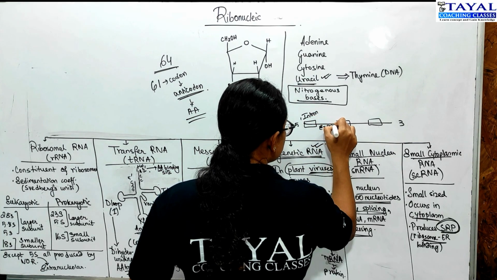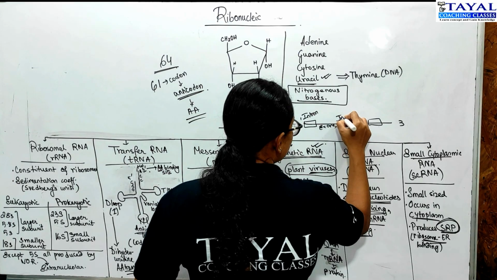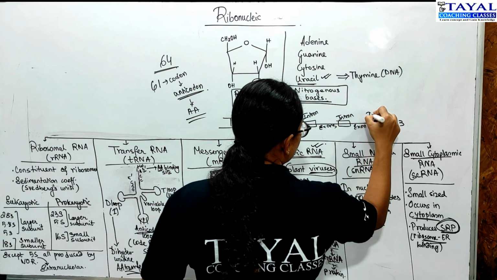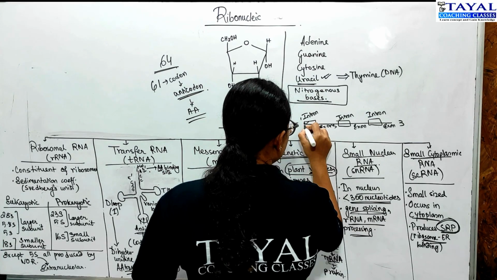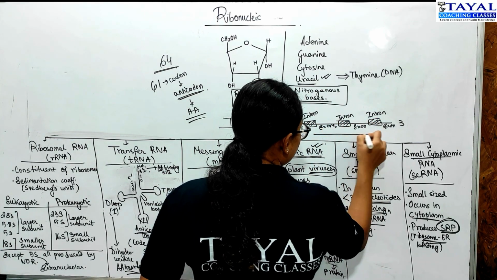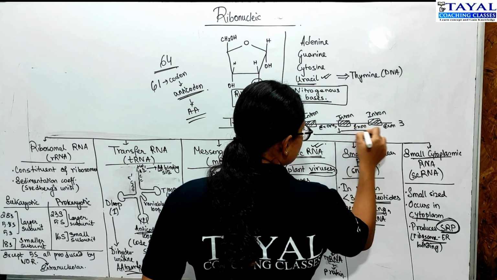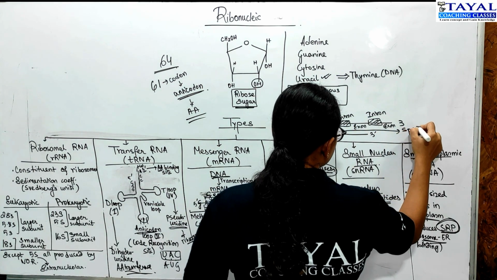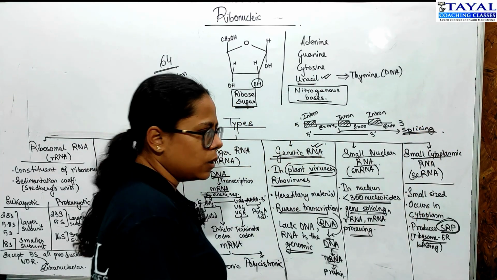Okay? So, what is done is, the introns will be removed and the exons will be joined in the next step. This step is known as splicing, which happens only in the eukaryotic genome, correct?